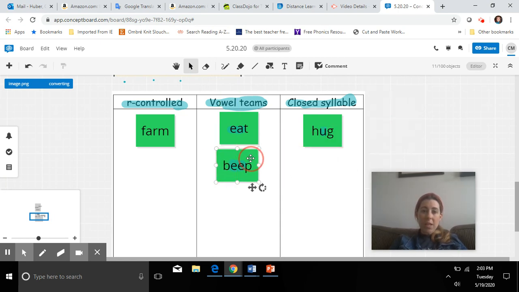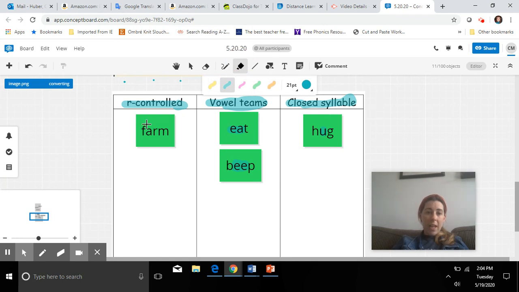Now, if you notice right now, we just sorted the words. But now that I have them and my brain has found where they belong, I can use my fingers to tap them out. Okay? Let's do the R-controlled column first. My R-controlled vowel is A-R.